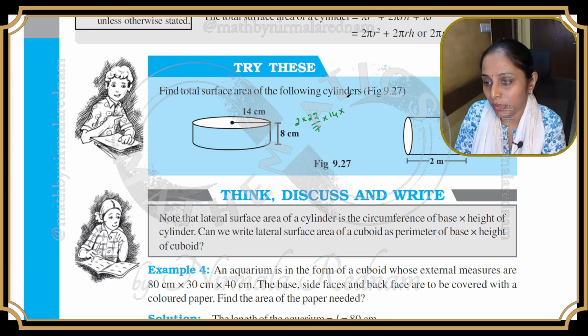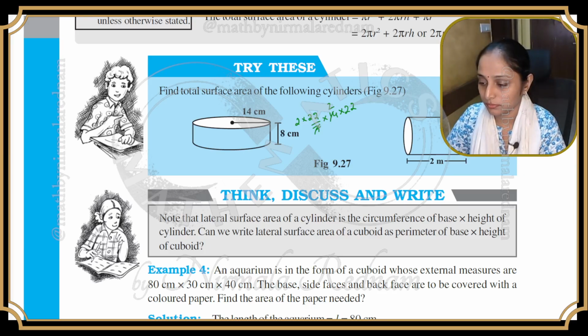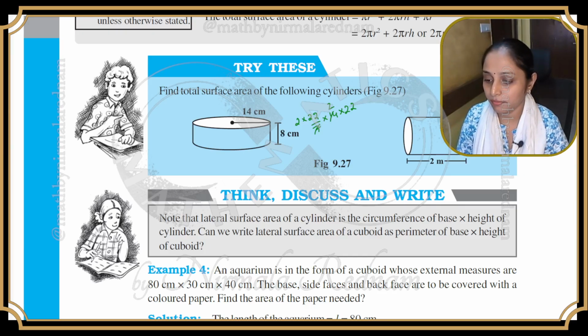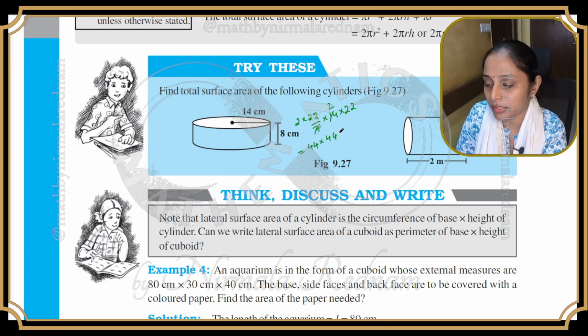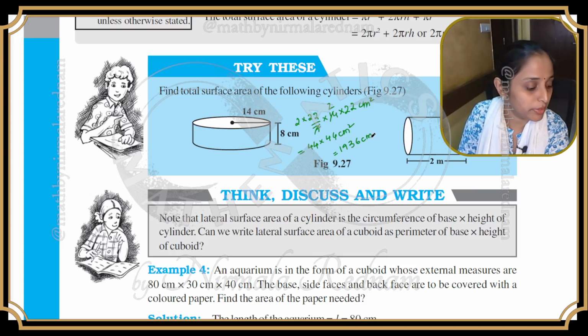So that will make it 22, right? If you simplify this, you're going to have 44 into 44 square centimeters, which will give you, after calculation, 1936 square centimeters, right?